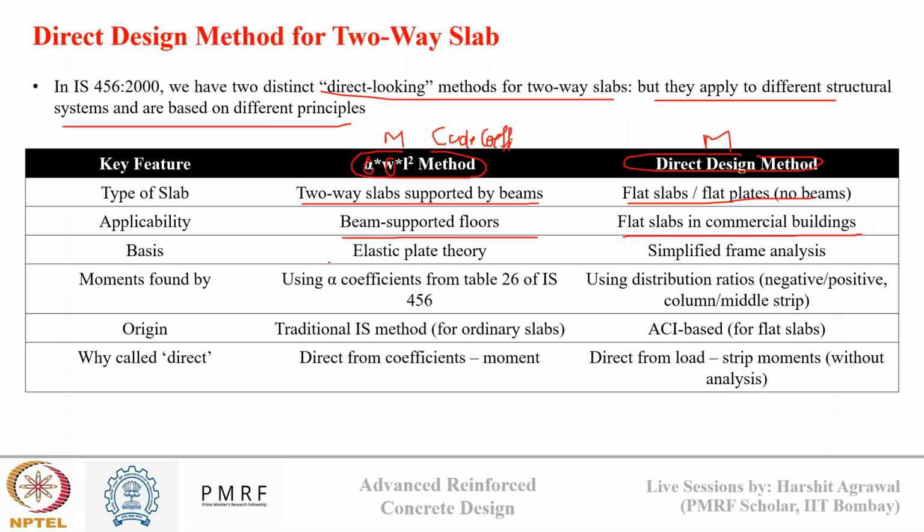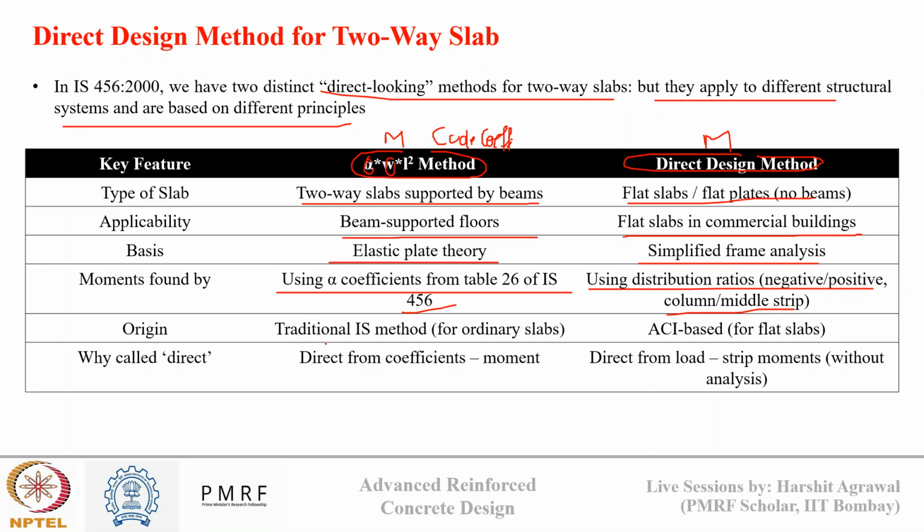The code coefficient method is based on elastic plate theory, and the direct design method is based on simplified frame analysis. Here we find moment using the alpha value from Table 26 present in the code, and here we find moment using distribution ratios. We will see ahead how we determine these distribution ratios.